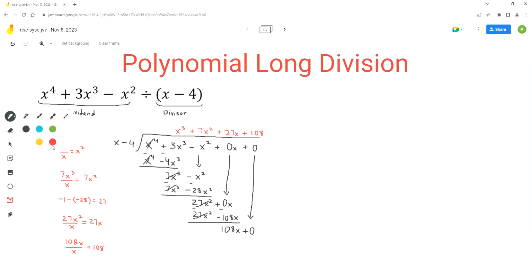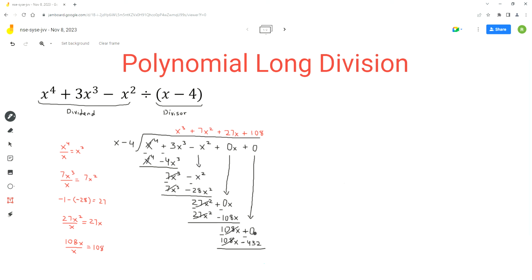So now we will do the multiplication. So 108 times x is 108x. And then we do 108 times negative 4, which is equal to negative 432. And now we have to subtract the terms. So when we subtract the terms, 108x cancel each other out.